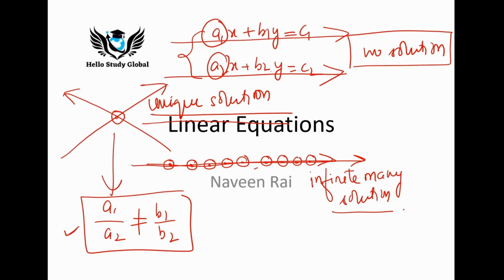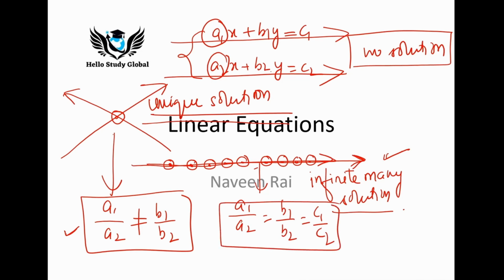Okay. In case of infinite solutions, everything would be the same. In fact, they would be the same lines only. That means A1 by A2 would be equal to B1 by B2 would be equal to C1 by C2, in case of infinite solutions. And in case of no solution, since they are parallel lines, their slopes would be equal.